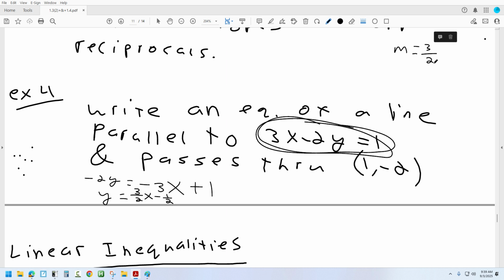And I have a point it has to pass through: 1, negative 2. We just fill that information into point slope, and we're all set.